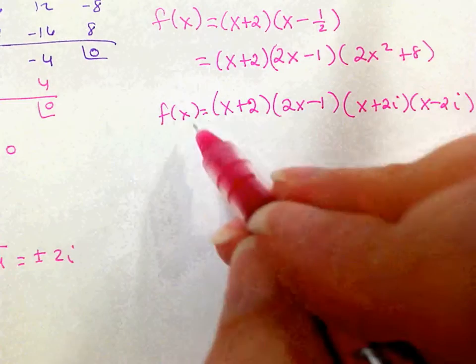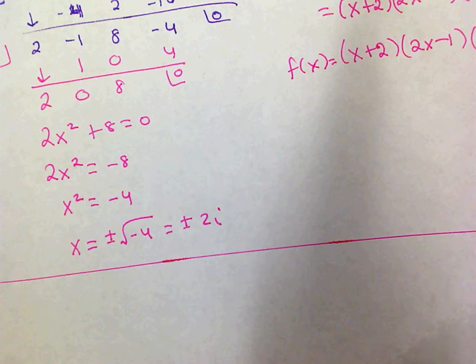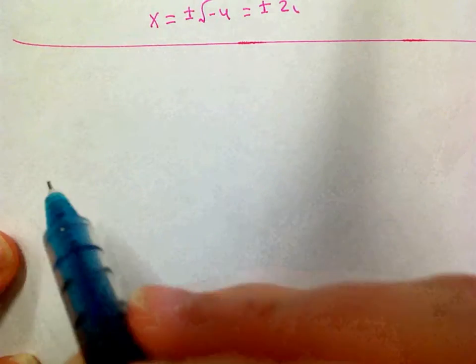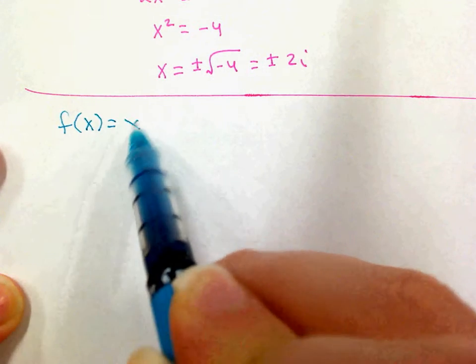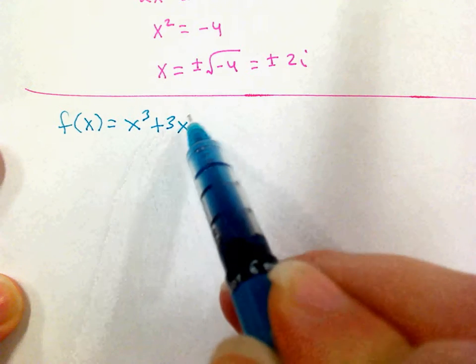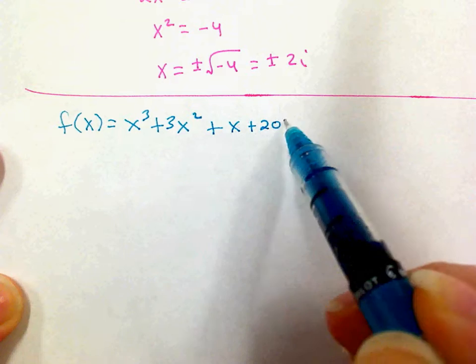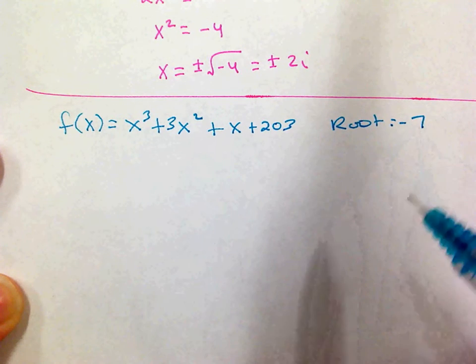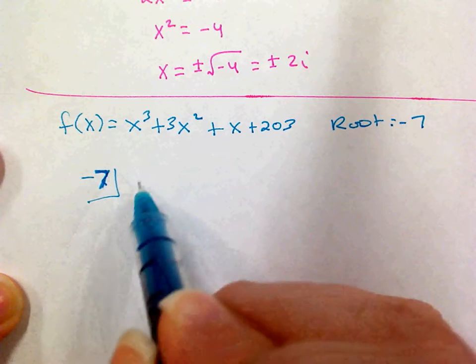Okay, so one more. If you start with f of x equals x cubed plus 3x squared plus x plus 203, and the root I give you is negative 7, then you have to synthetically divide it out. 1, 3, 1, 203.